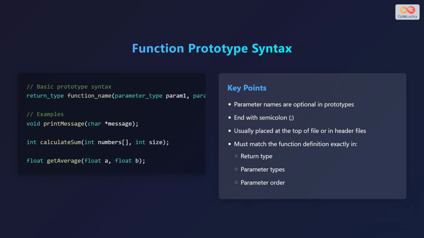Now let's take a look at the syntax for writing function prototypes in C. The heading here is function prototype syntax. On the left side we have a code example and on the right side we have some explanation regarding the key points.